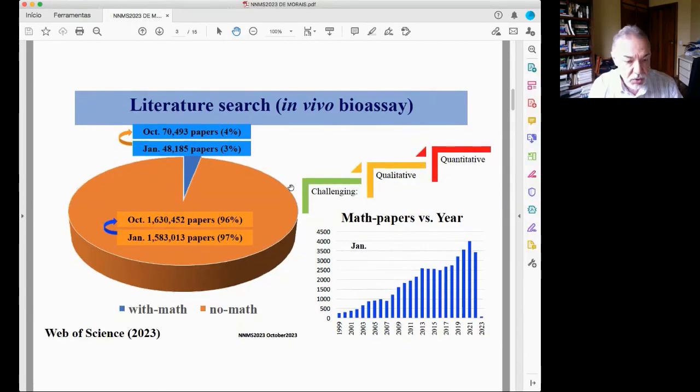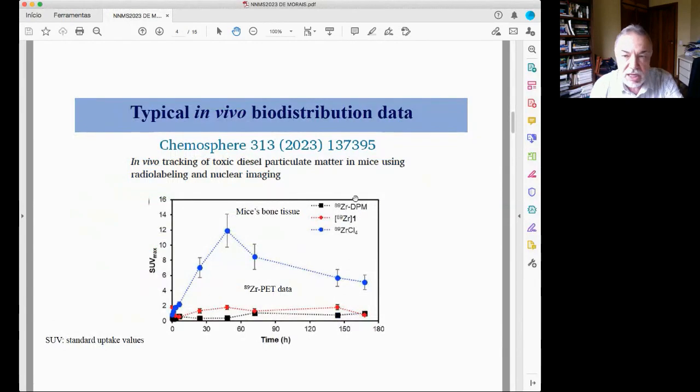So let me show you quickly what kind of data you can see in the literature. This is just one paper published this year. And this is a plot of this paper that shows an experiment where they use mice to capture nanomaterials in the air, and how this nanomaterial goes into the animal's body.